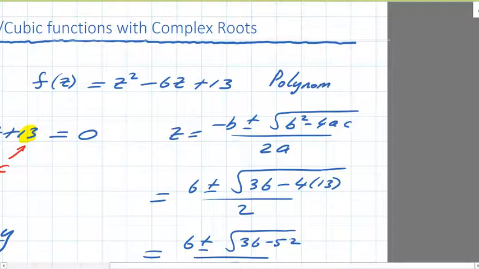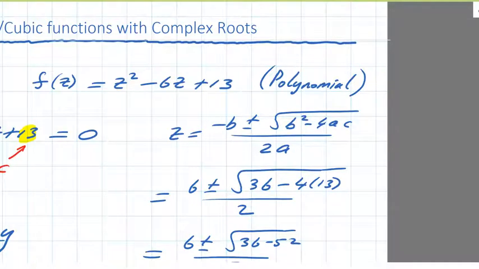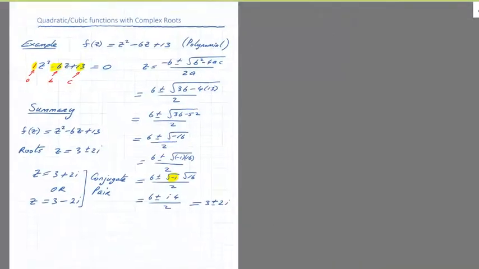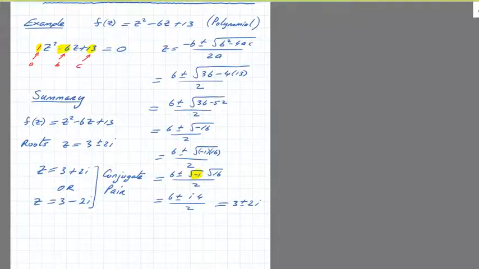Poly for many, nomial for numbers. So many numbers, when the z's go down in sequence like that, the powers go down, it's called a polynomial. To be precise, this is a quadratic polynomial, as opposed to, for example, a cubic polynomial, or any of the other powers. So we want to go basically back from roots to a polynomial.